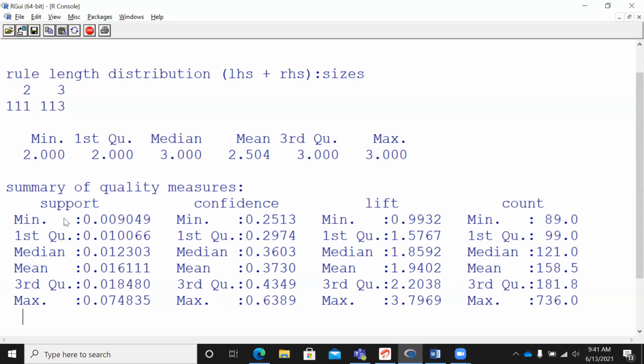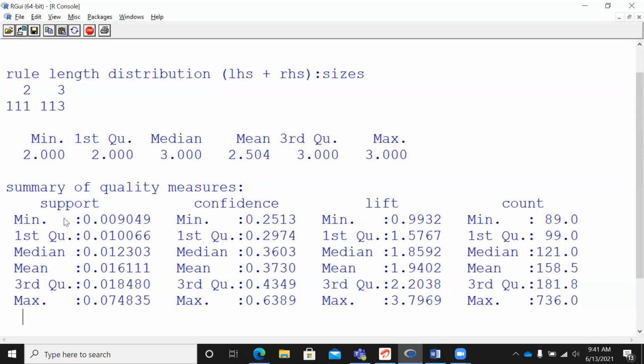It is simply a percentage of transactions that contain both the products. If you're looking at those people who have purchased oranges and apples, out of 10,000 transactions, 10,000 will be in the denominator, and let us say 1,000 people have bought both oranges as well as apples.